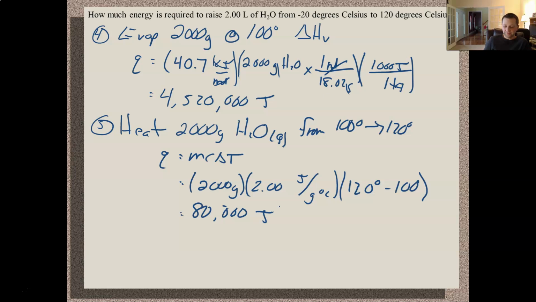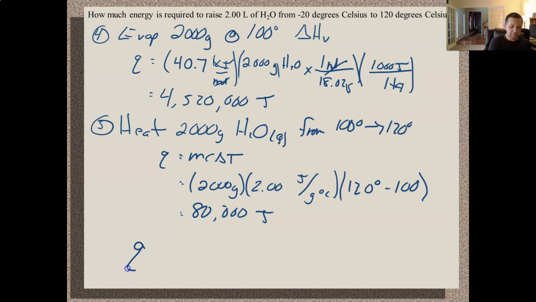So we have to finally add all these up and see what we end up with. Once we do that, we have our total process of going from negative 20 degrees Celsius to 120 degrees Celsius, to figure out how much energy the whole process takes.